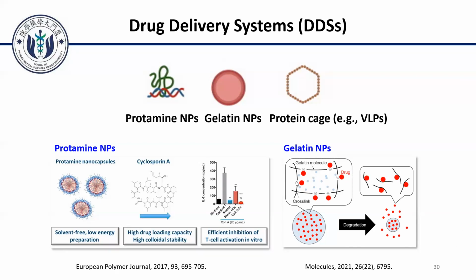The example shown here is that they can form electrostatic interaction or hydrogen bonding with drug molecules for drug loading. Once they arrive at the targeted cells or region, gelatin can be degraded by enzymes and release the drug. Of course, there's a risk in this case, because the drugs probably would also be degraded by enzymes.